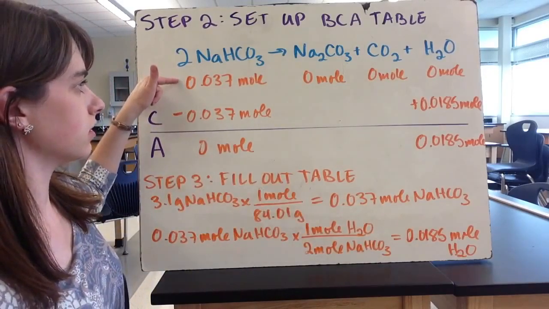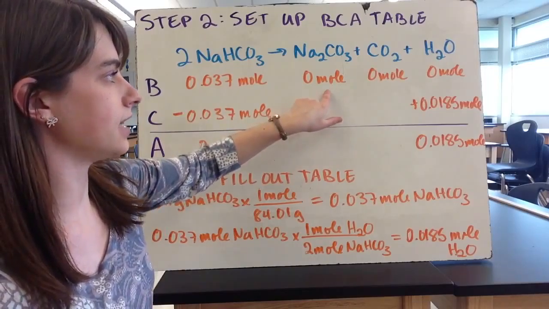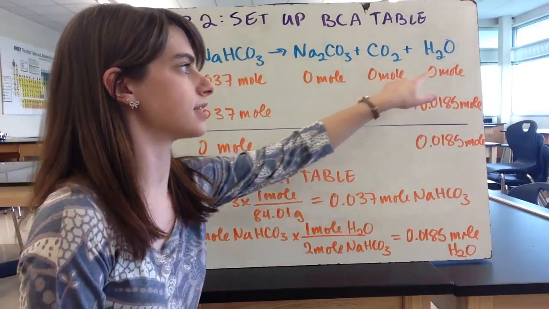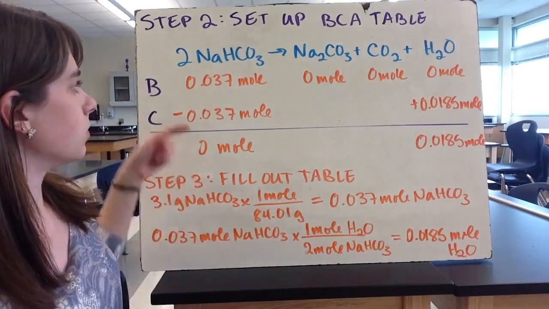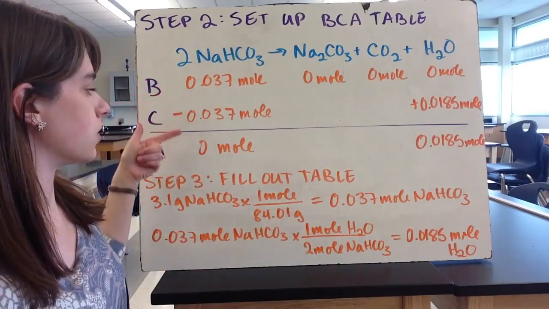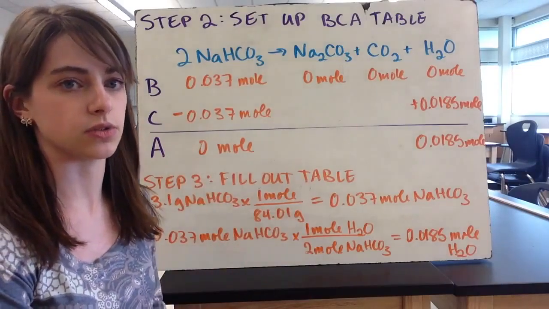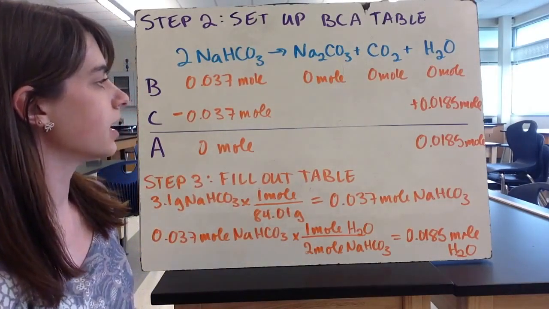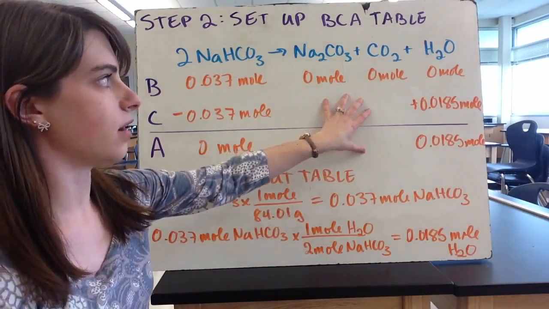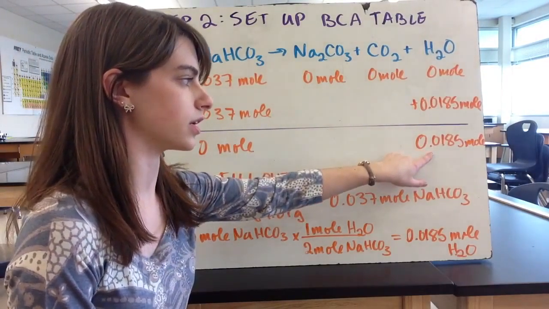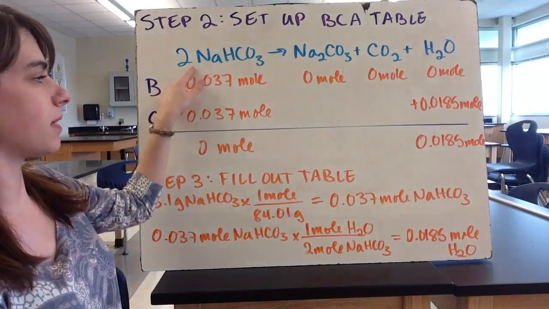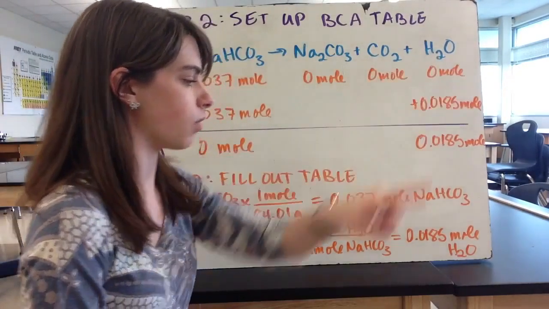So that goes right up here. And we know that we don't have any sodium carbonate, no carbon dioxide, and no water originally. So all of those are zeros. We're going to assume that we use up all of our sodium bicarbonate. I ignored these for right now, but that's simply because we weren't calculating them, and I only looked at the water. The ratio between sodium bicarbonate and water is 2 to 1.